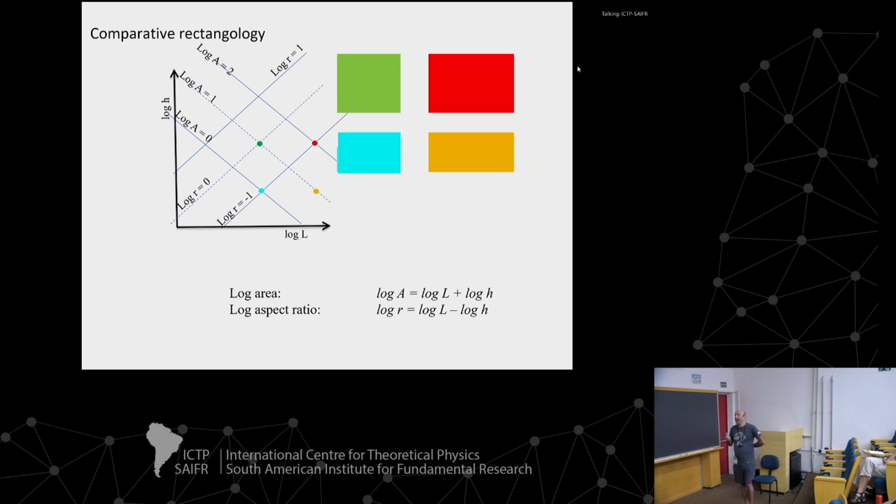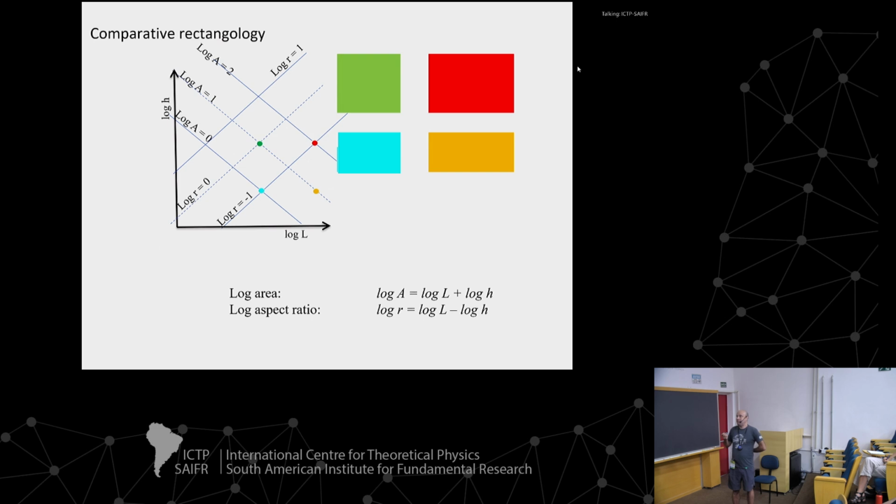Now suddenly, we can say that if you have an object of a certain area, this corresponds to a diagonal direction, so that all points along this line have the same area. If I have points that are along this direction, all points along this line have the same aspect ratio.